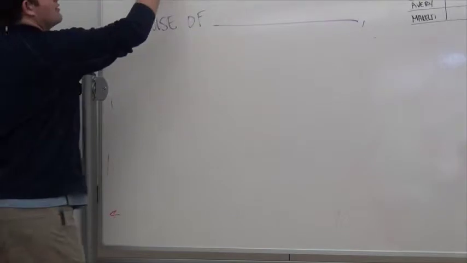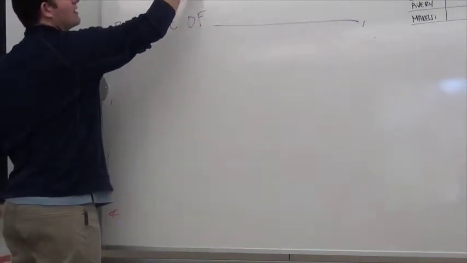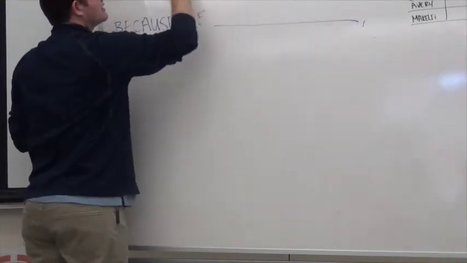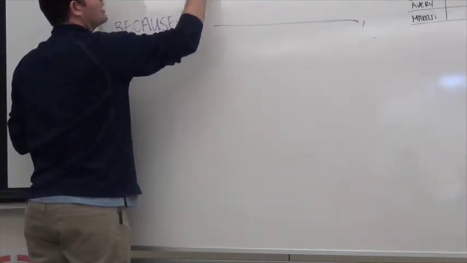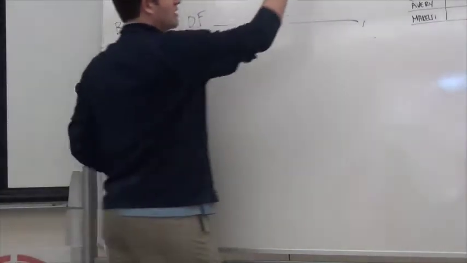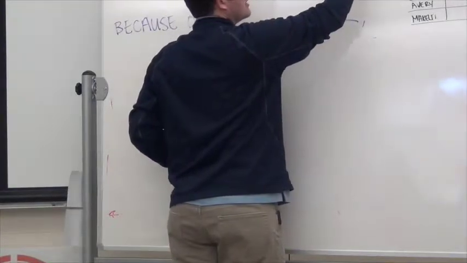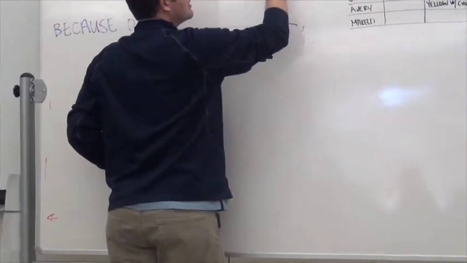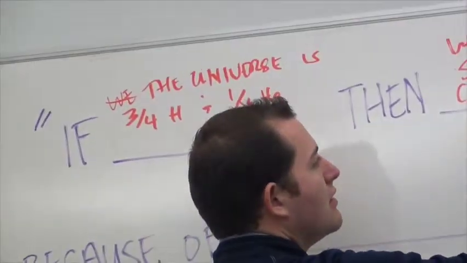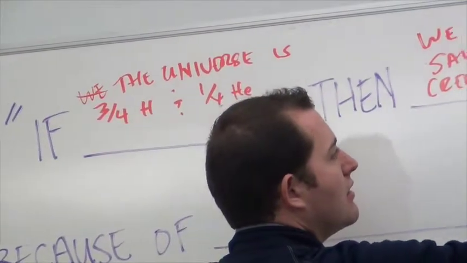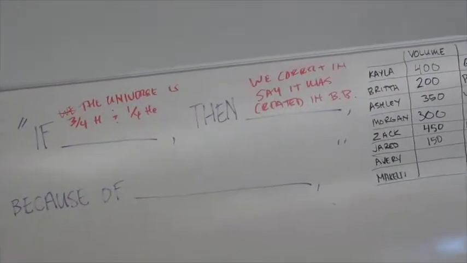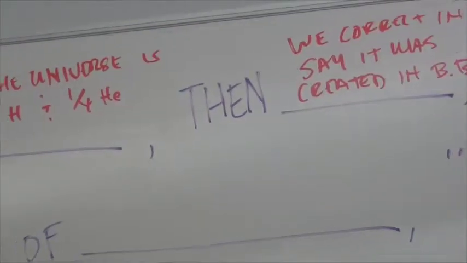So if we detect that the universe is 3/4 hydrogen and 1/4 helium, then we're correct in saying... What scientific evidence would have to be explained under this one?